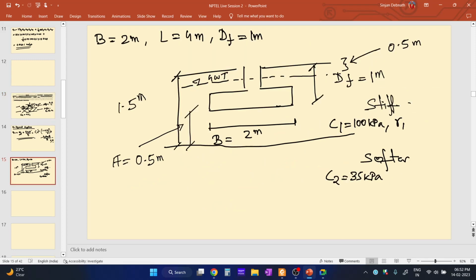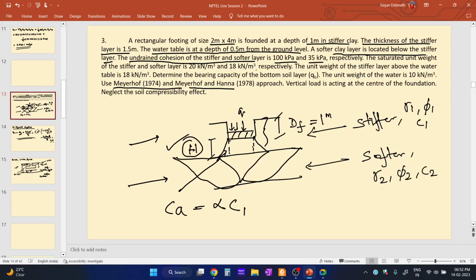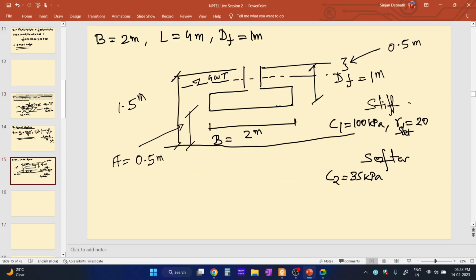So gamma sat1 is equal to 20 kilonewton per meter cube and gamma sat2 is equal to 18 kilonewton per meter cube.